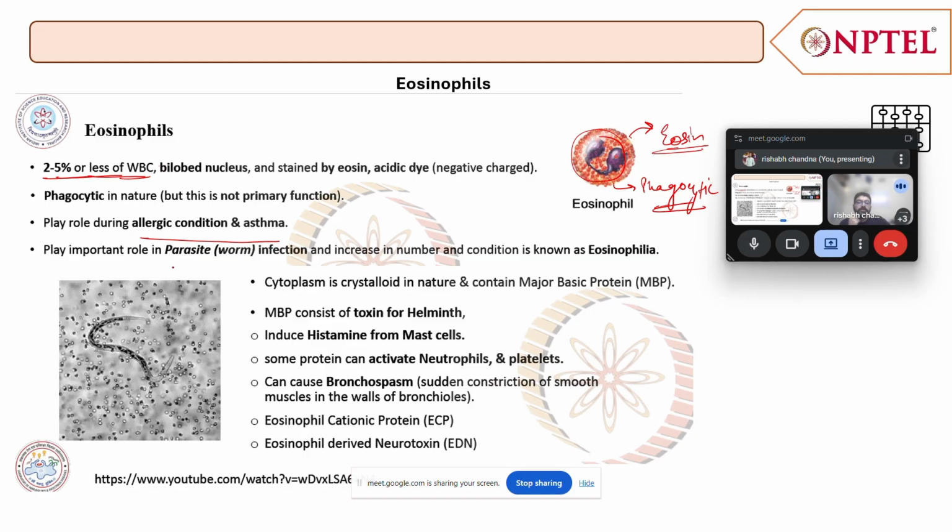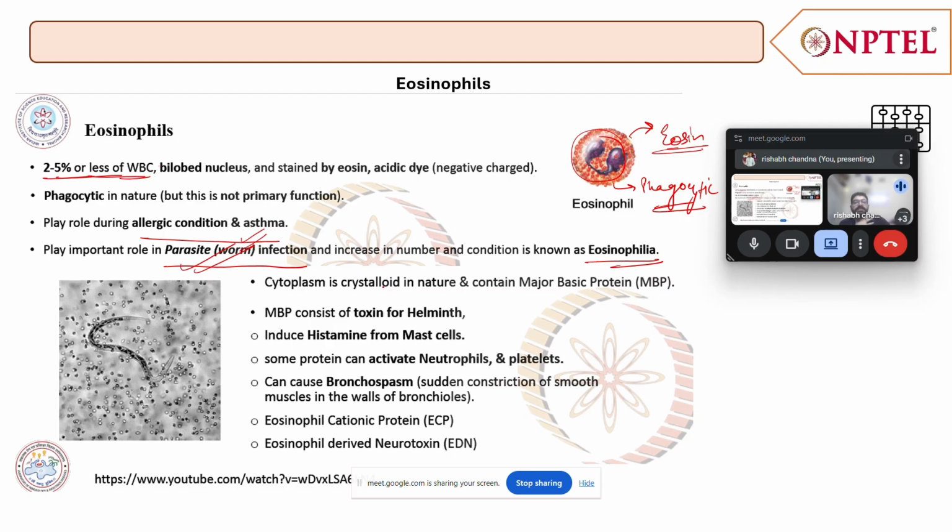Its important role is during parasitic infections. It increases upon parasitic infection, and this condition is called eosinophilia. So it plays a major role in parasitic infection and increases its number upon the infection.